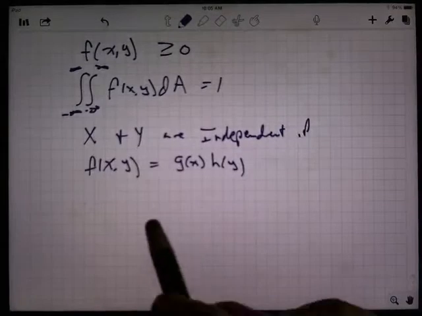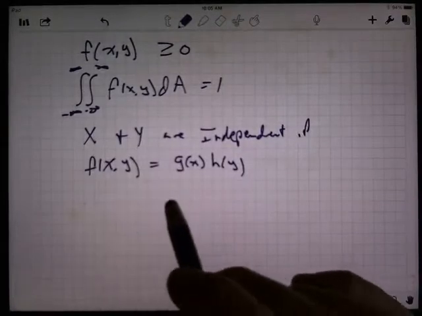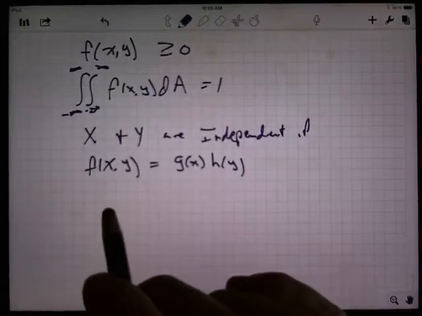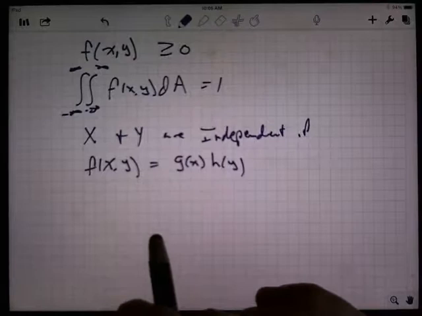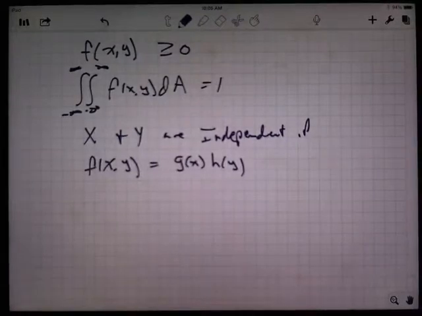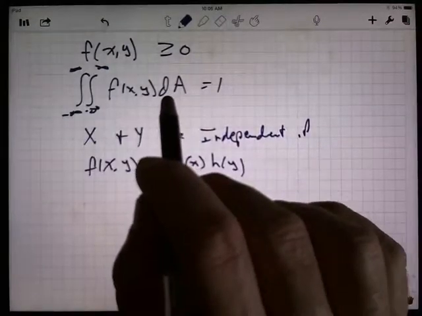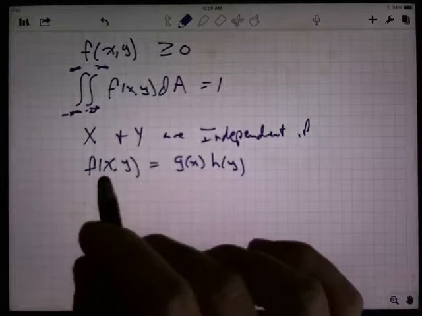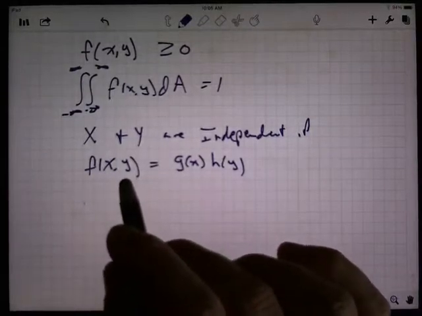We calculate probabilities now, just like we did before in the single variable case. You don't generally say, I want to know one particular value of x and one particular value of y. What's the probability of that happening? Well, it's going to be 0 because dA then would be 0. You generally give a region. You say, I want x between here and there. I want y in this range, right?